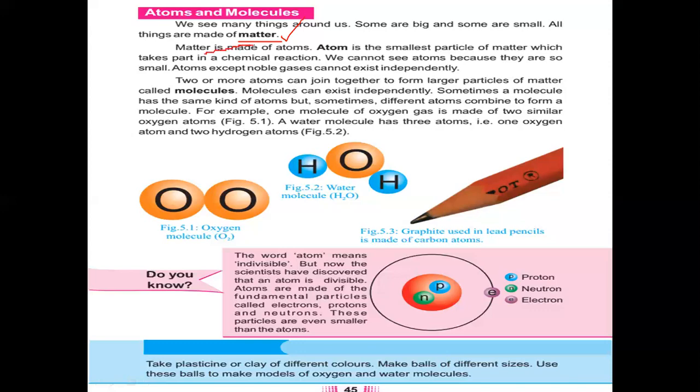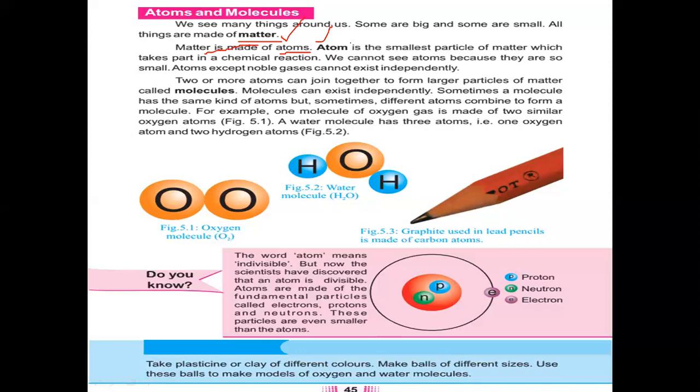Living or non-living things all have matter. And the matter is made up of atoms. So an atom is the basic structural and functional unit of everything living or non-living.